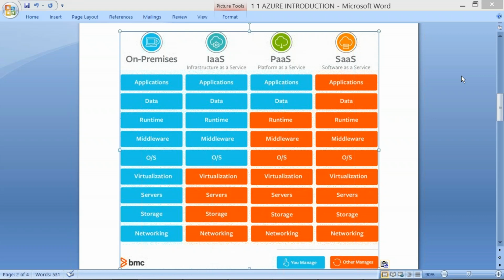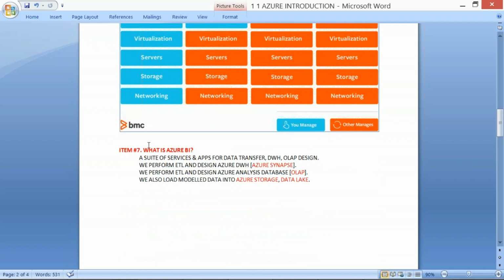Now with this introduction, what do we actually do in Azure? Yes, here you go. Once again, remember there are 3 different environments and all 3 are equally important for our course. We need to implement all 3. And here it is, what we do in Azure BI.